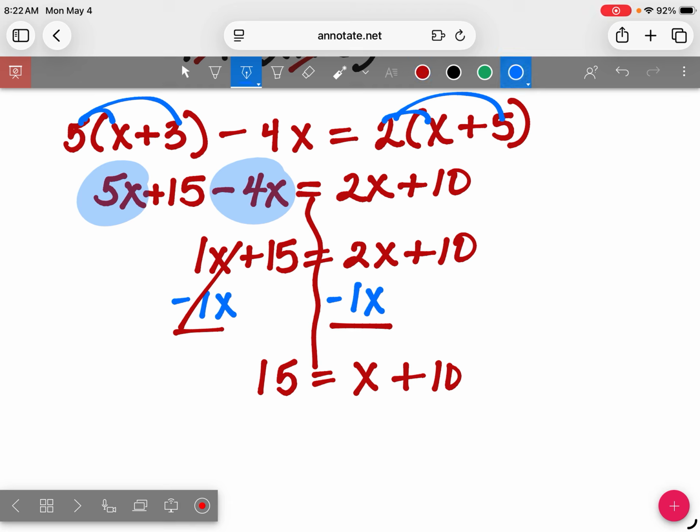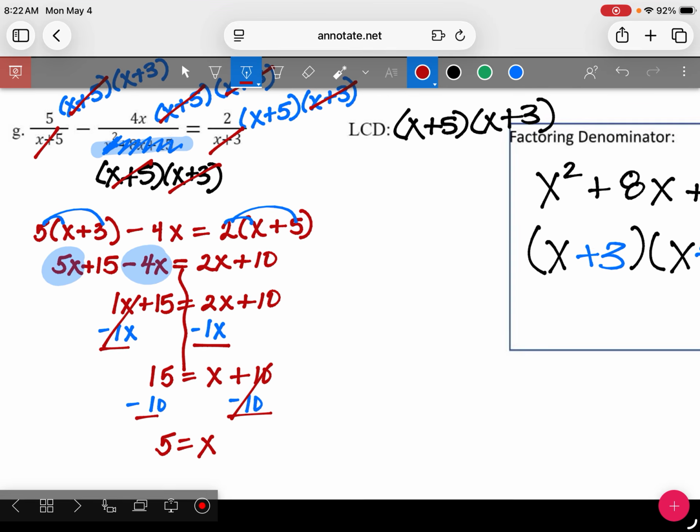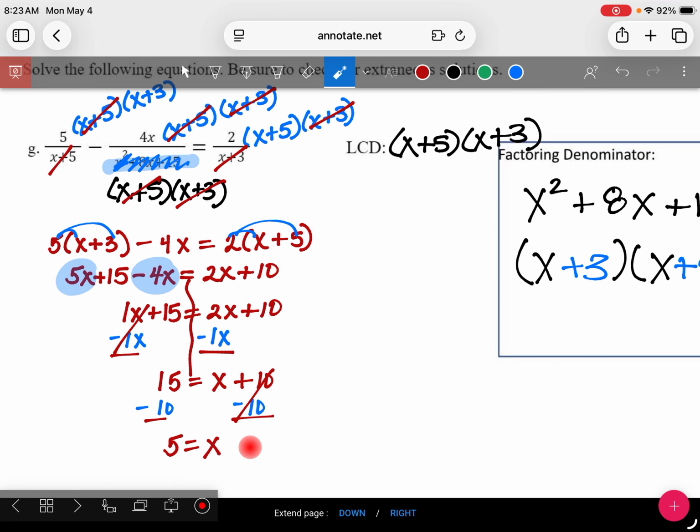So now I'm subtracting 10. So 5 equals x. Now, before we say that's our answer, though, we have to check it. If I put a 5 here, is 5 plus 5 0? Nope. Okay, what about here? Is 5 plus 3 0? So that means we can keep it, and that would be our solution.